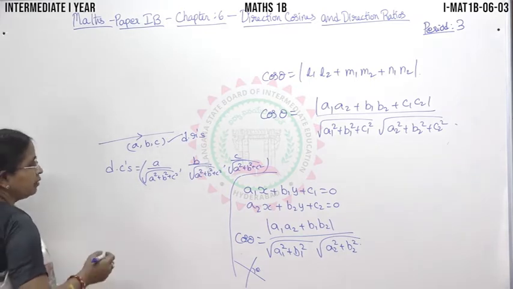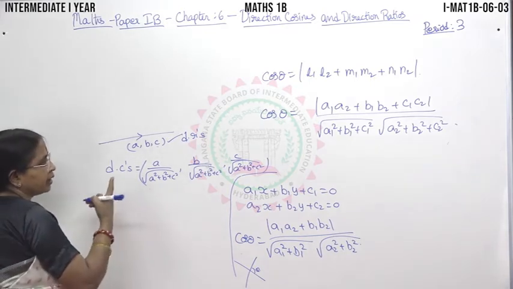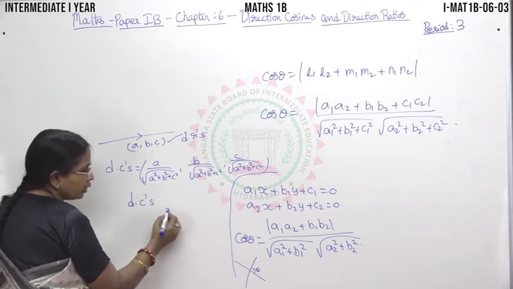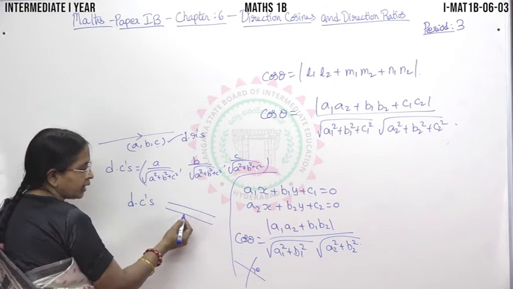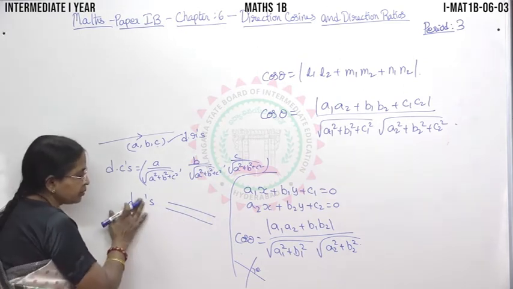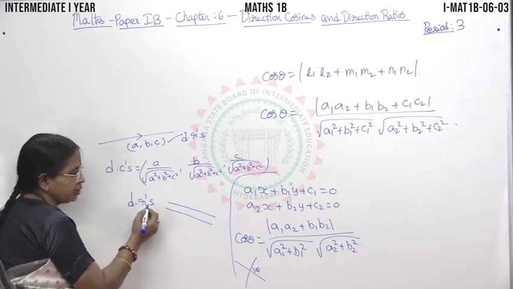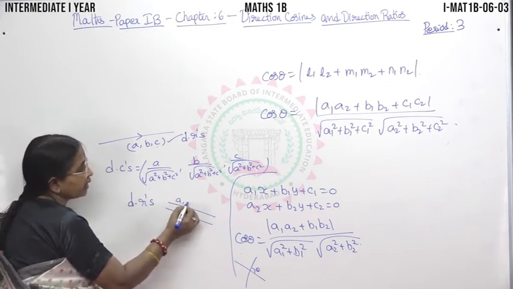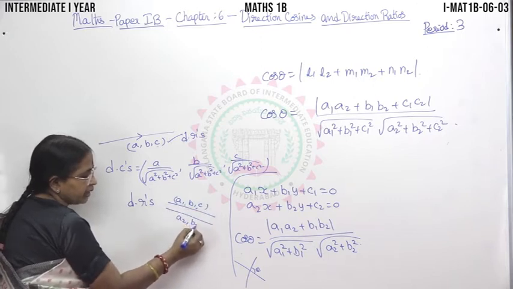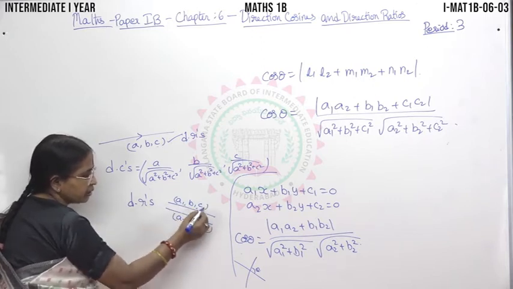Okay, next, in the case of direction cosines, in the case of DCs, when two lines are parallel, their direction cosines are equal. We have seen one example also. Suppose they are direction ratios. So the direction ratios of the first line are A1, B1, C1, and the direction ratios of the second line are A2, B2, C2.